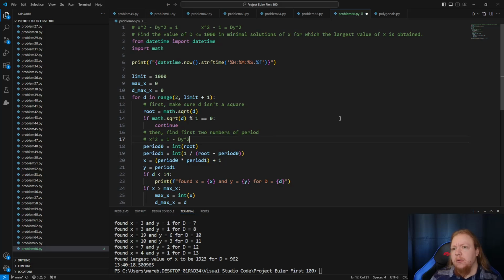Or no. Actually, yes. D has to be multiplied by a square. Should be a plus symbol.